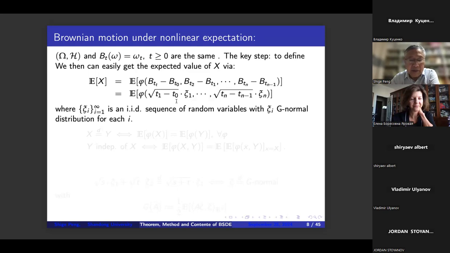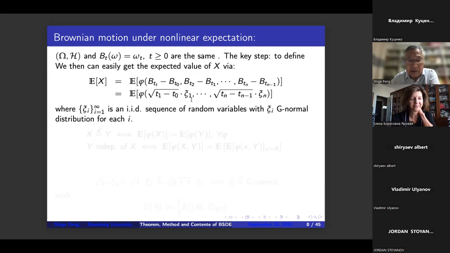And this is because of the so-called G-Brownian motion, which satisfies the assumption that the increment is independent from the path before t minus 1.